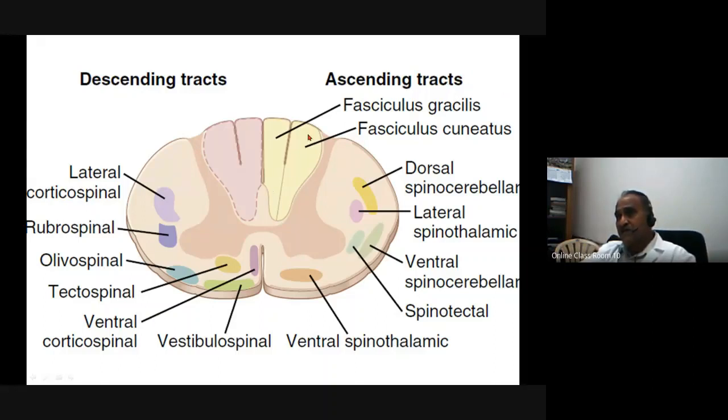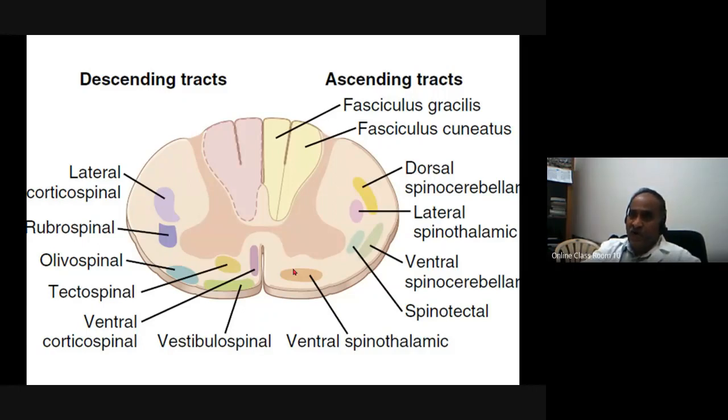Ascending tracts, these are uncrossed fasciculus gracilis and fasciculus cuneatus. Then dorsal spinocerebellar, ventral spinocerebellar, lateral spinothalamic tract, the spinotectal tract, and ventral spinothalamic tract. Some of those tracts are not shown, which I have mentioned in the previous diagram.